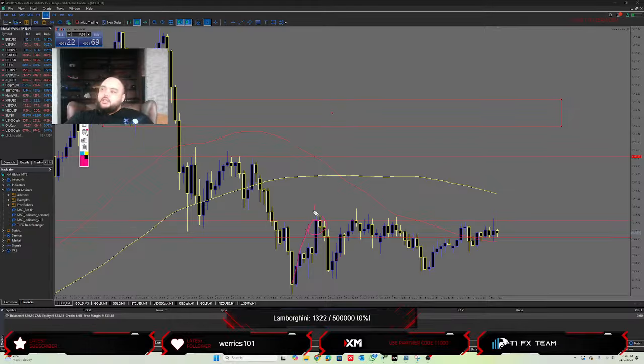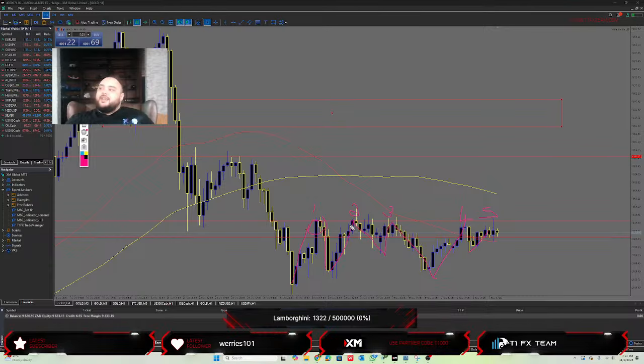So it retested once, went back down again, came to retest it again twice, went down, came to retest it again 3 times, came to retest it again 4 times, came to retest it again 5 times. So this resistance has been verified 5 times.